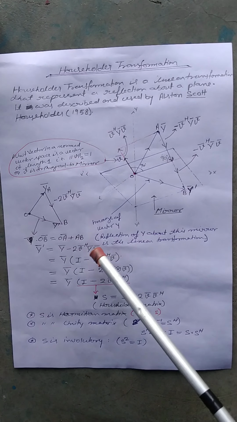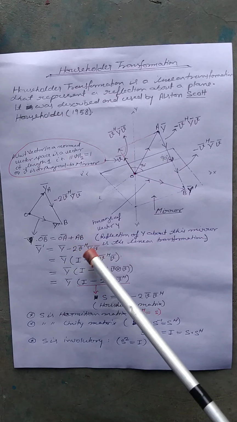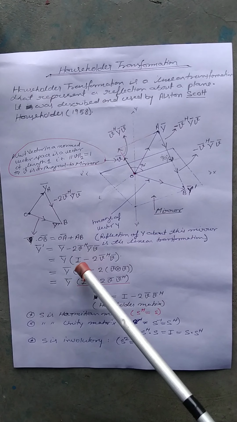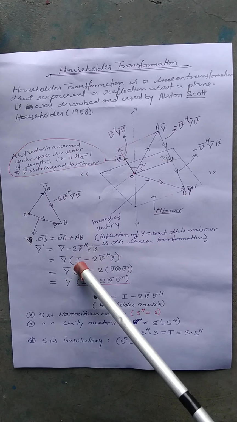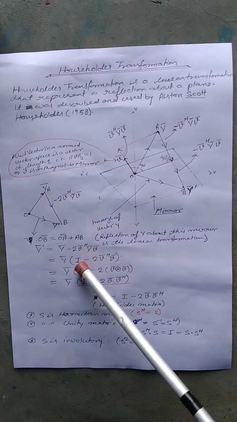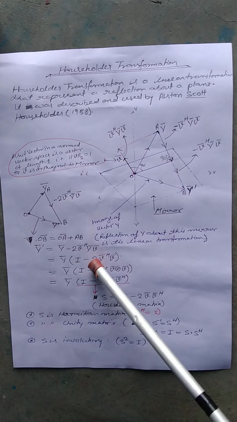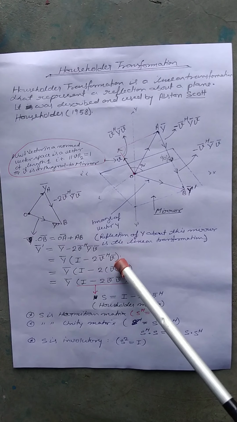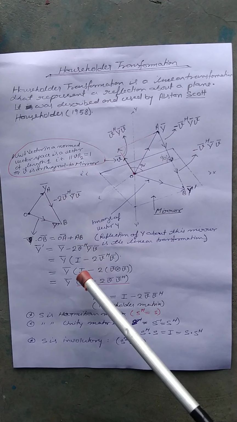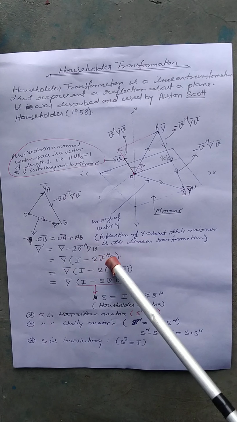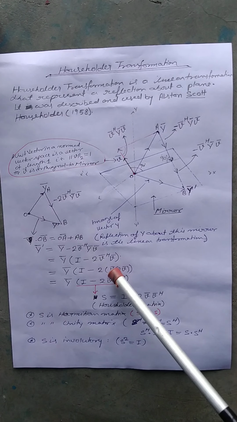After solving this, if we take y common from this calculation, then we have the resultant I minus 2 v Hermitian v, where I is the identity matrix, and we can also calculate this v v Hermitian by the method of outer product.